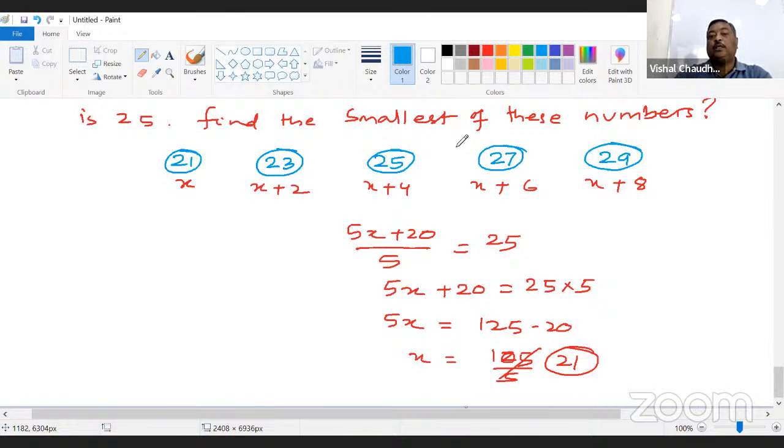Now, what is the shortcut here? I have 5 consecutive numbers and the average is 25. I will choose the middle number as 25. Then I will minus 2 and then again minus 2, and I will get 21 as my smallest number.